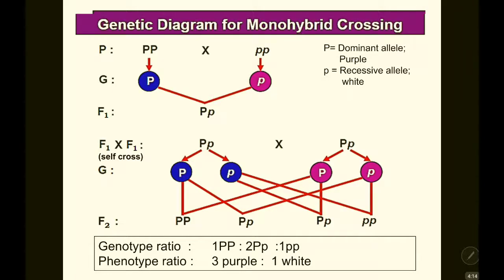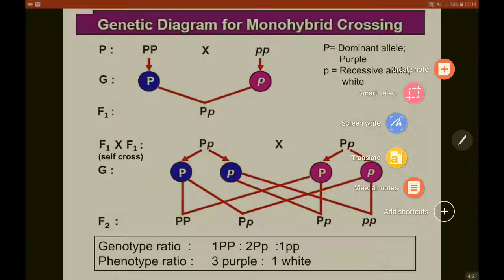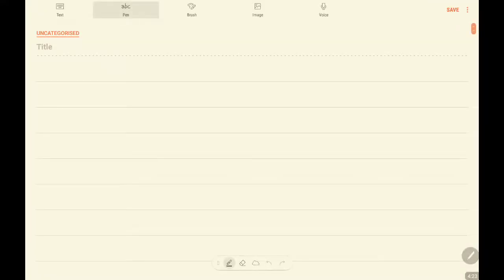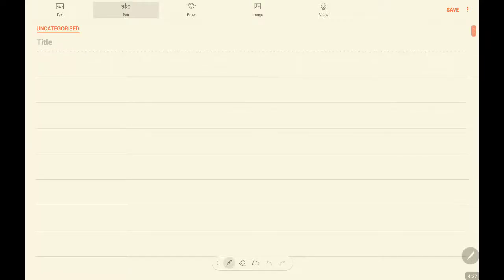Okay, so now how to draw a genetic diagram for a monohybrid cross. I'll show you how to draw. Okay, so usually for a genetic diagram, we must have several things. Okay, first one, we must have the P. P stands for parents' generation.